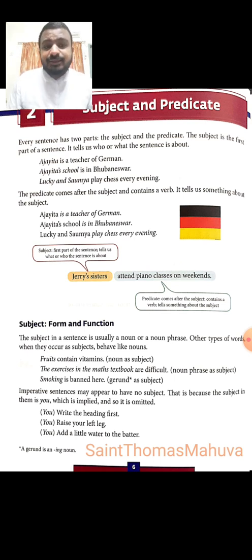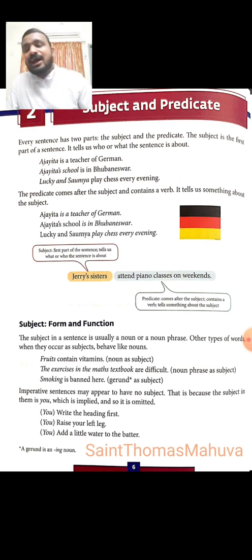Now we shall see the next part. We can divide the subject, we can see the subject's form and function now. The subject in a sentence will always be a noun or a noun phrase.